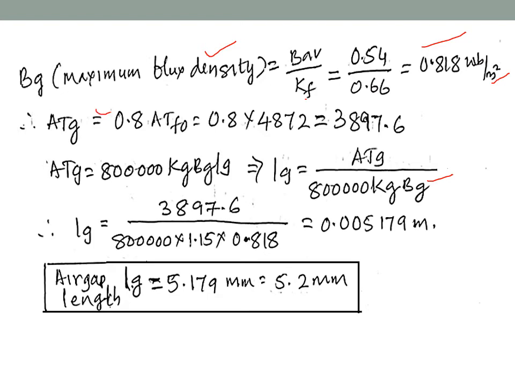So ATG is equal to 0.8 ATF naught, this comes out to be this. Now this is the basic equation. BG we have found out, Kg is given, ATG we have found out, so LG is equal to this. Substitute all these things here, so LG comes out to be 5.22 M.